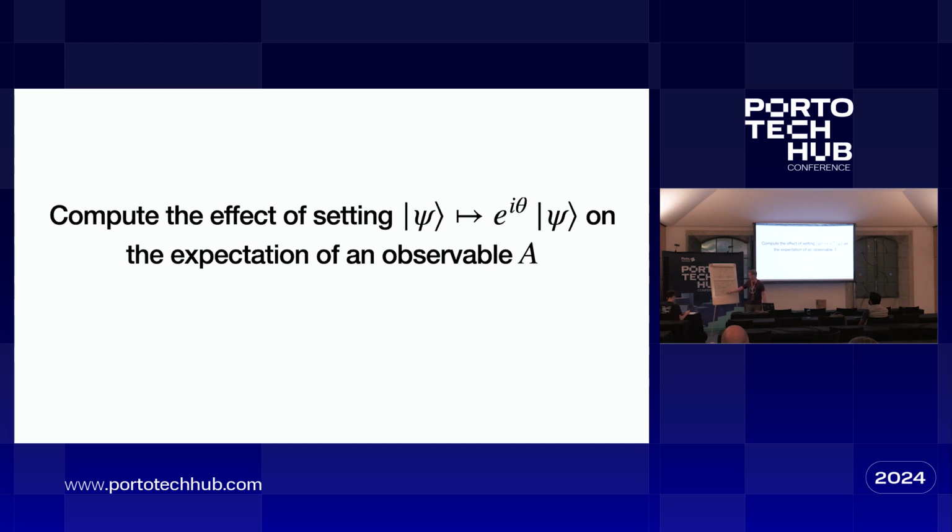Sorry, I wrote that in the wrong spot. It should go there: e to the i theta times the state. These are just numbers. They go through and they cancel each other out. So there is an overall phase. Multiplying this state by a phase, e to the i theta, does not affect the result of any experiment, because everything's always squared when you calculate anything observable.